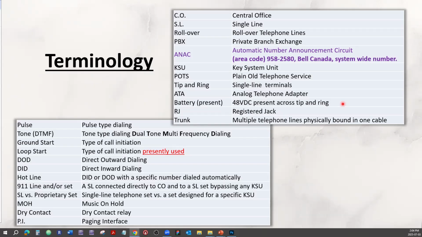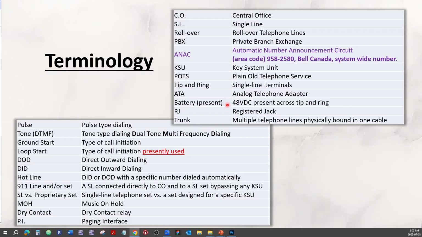Is there a dial tone? Oh, no, there's no dial tone. Okay. Well, there could be some dial tone circuitry trouble at the provider's end. But you're going to say, is the battery present? Because it's a completely different circuit that services that 48 volts, or negative 48 volts, onto the telephone line.